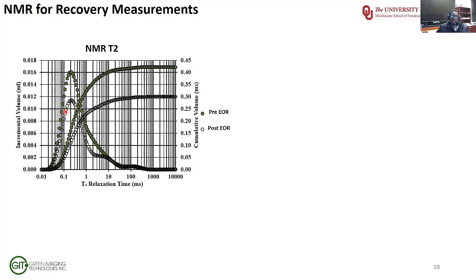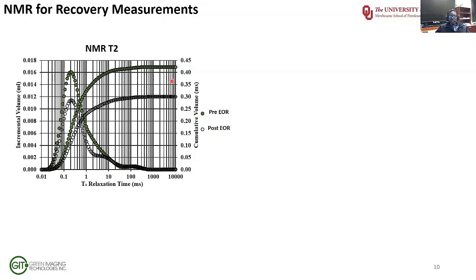So we can see that before and after EOR, there is a reduction of the volume, right? The volume has been reduced quite a bit. And this volume reduction happened at very low T2 times, as well as, I would say, at T2 times larger than 1 millisecond, between 1 and 10 milliseconds. So this is where the producible fluids will be located.